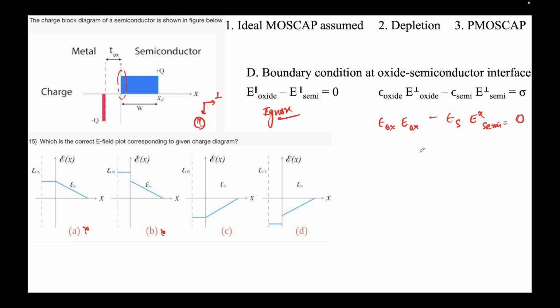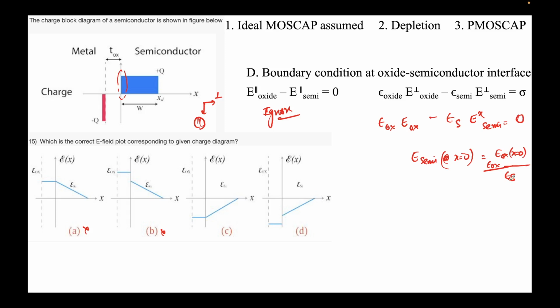So from here you get that E semiconductor at x equal to 0, mind you, again we are talking about only this interface, should be equal to epsilon oxide at x equal to 0 divided by epsilon silicon into epsilon oxide, just cross multiplication. So it's not exactly equal to epsilon oxide. There is some factor, epsilon oxide divided by epsilon s, right?